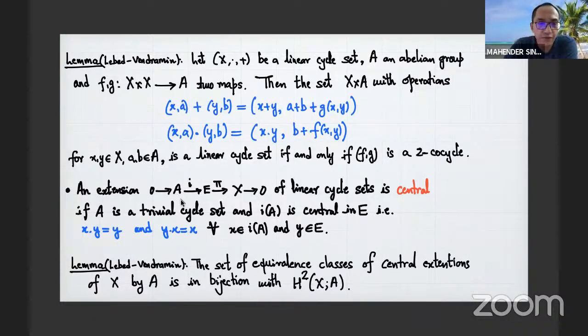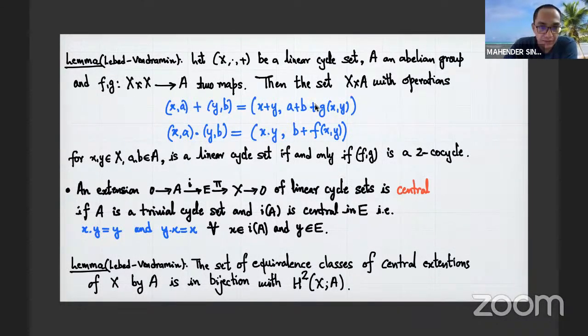In group theory, this is exactly how we define it if you just consider the conjugation action. And what Vendramin and Lebed proved is that the set of equivalence classes of central extensions of linear cycle sets is in bijection with the second linear cycle set cohomology with coefficients in A.